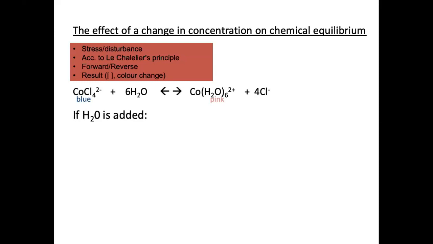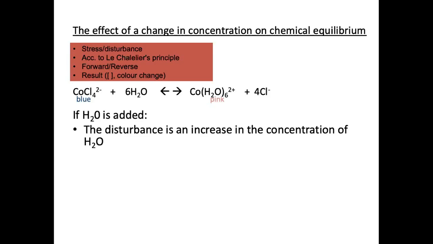Now we must write it in 4 steps. So write it in 4 steps. Okay, if water is added to the system, the disturbance is first an increase in the concentration of water.